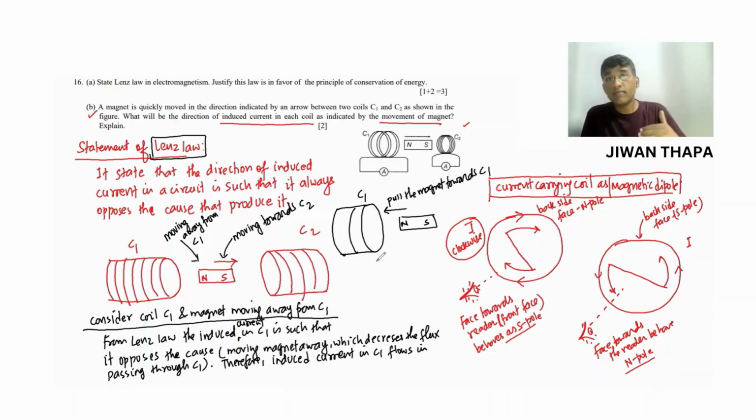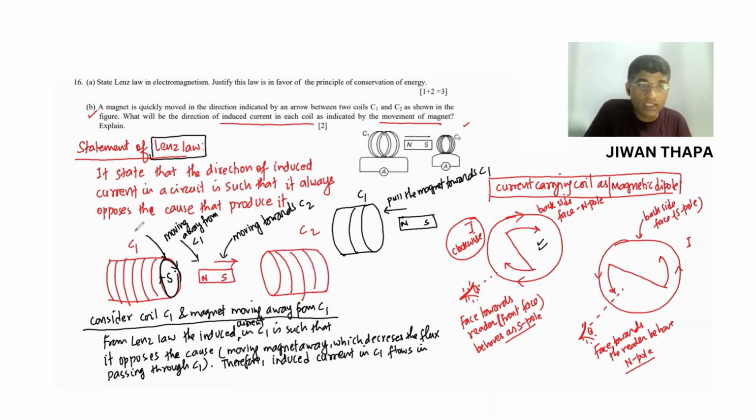So induced current flows in such a direction that it pulls the magnet towards C1. For that reason, this face of coil C1 must behave as south. So if this face behaves as south, then current in this face must flow in clockwise direction. So induced current in this face must flow in clockwise direction.